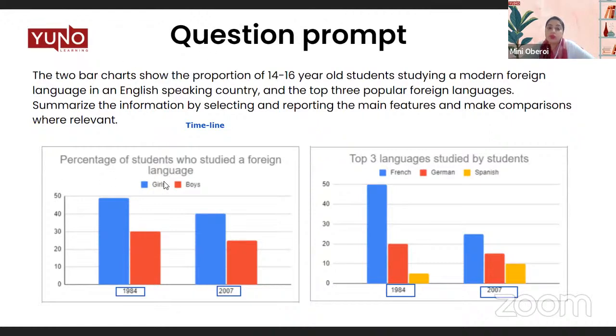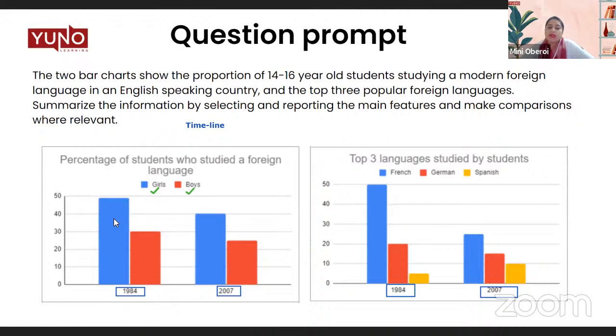And what are the key features? Here we have 2 different visual inputs, 2 different bar graphs. Now, bar graph 1, what does it represent? It talks about the girl and boy populace who are interested to learn a foreign language. So in 1984, if we observe it, what do we see?